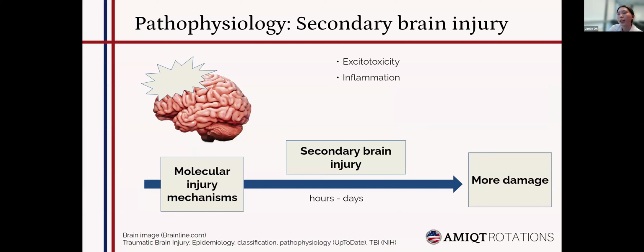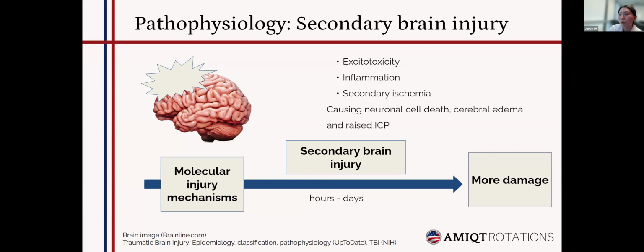Inflammatory processes that were intended to help with regeneration and repair, but end up doing more damage. Secondary ischemia, for example, from vasospasm or focal occlusions. And all of these combined cause neuronal cell death, cerebral edema, and raised ICP, and overall they end up causing more damage than they already have.